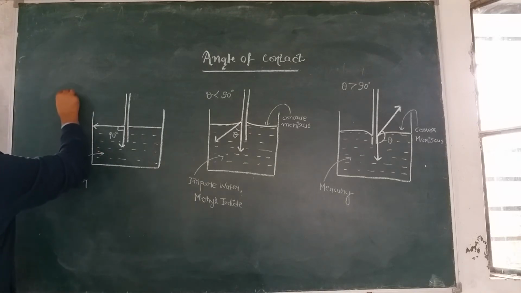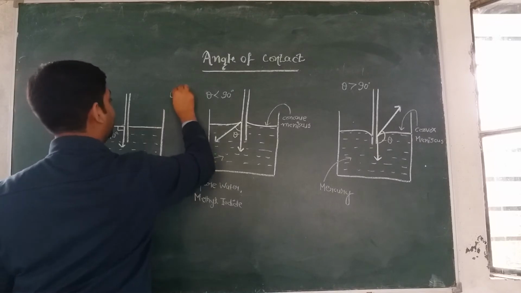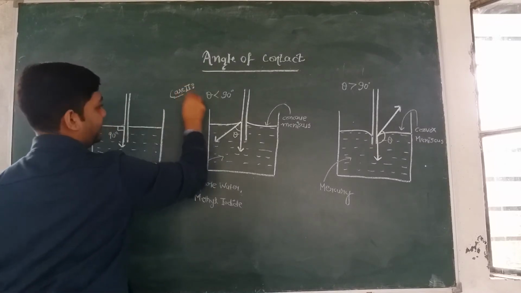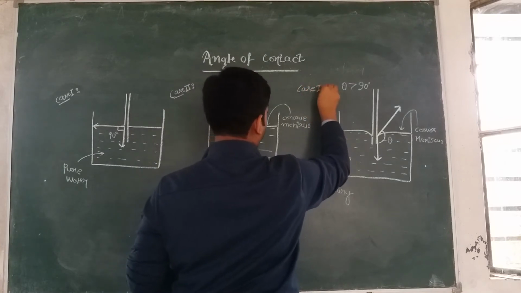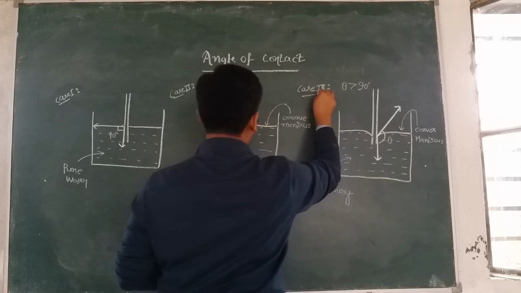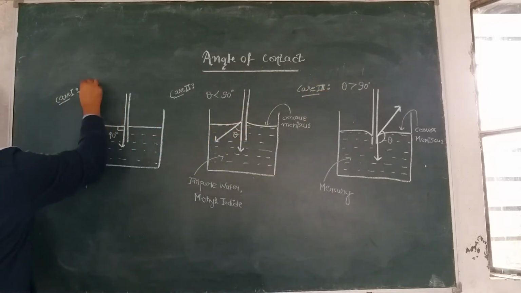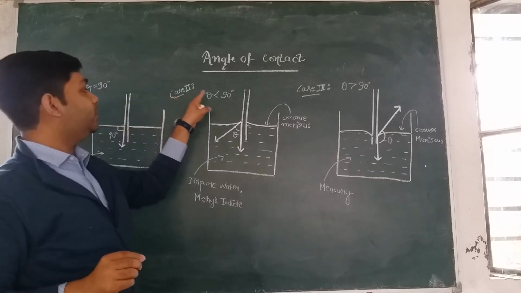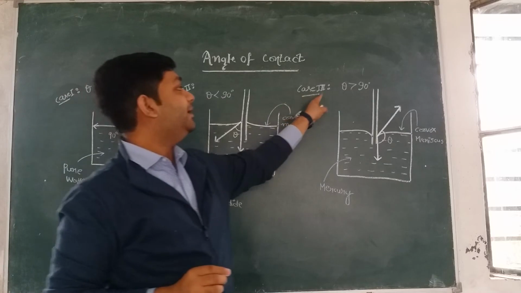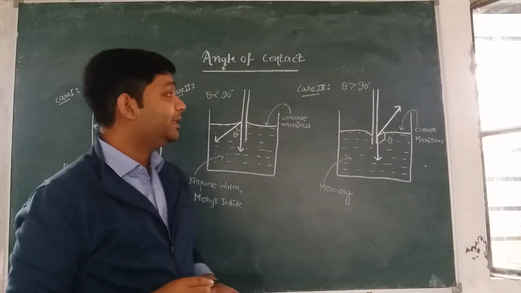This is our case 1, and this is our case 2, and this is our case 3. Case 1 is when theta is equal to 90 degree. That means the angle of contact is equal to 90 degree, and in case 2 theta is less than 90 degree, and in case 3 theta is greater than 90 degree.